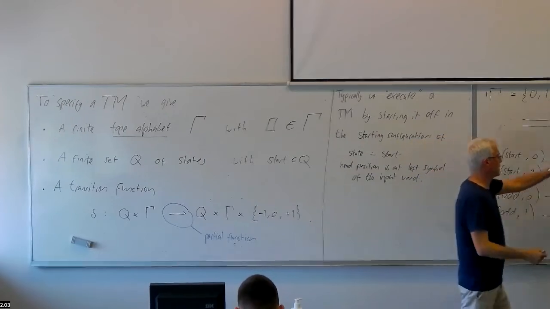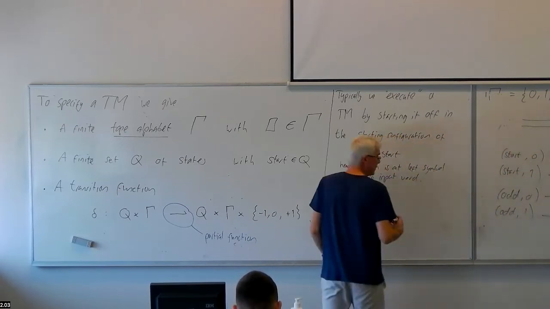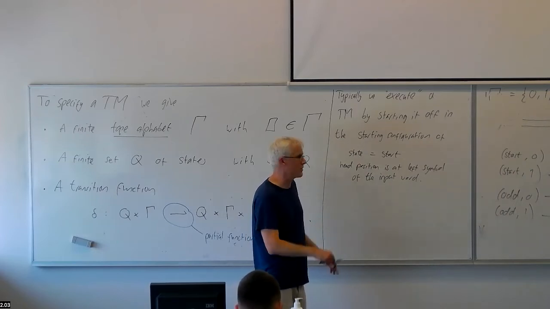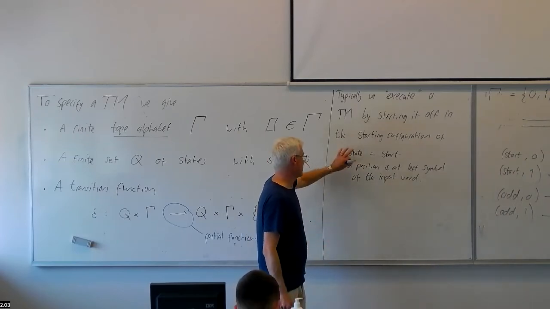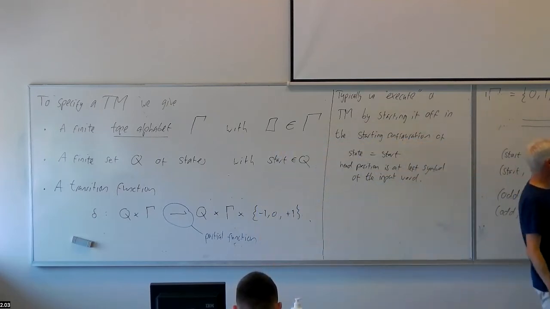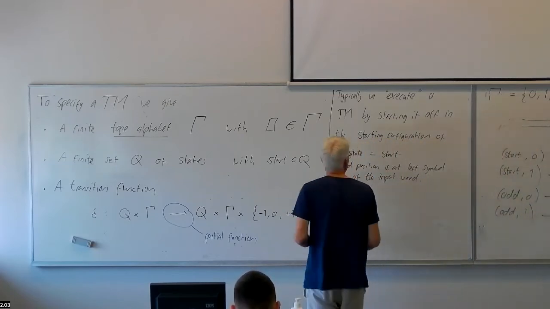I'm thinking of the non-blank symbols being a word somewhere on the tape, and the tape head will be at the left symbol of that. We're allowed to have an empty input word, and if the input word is empty, it doesn't actually matter where the head is. So that's a special case. But the typical case is we start in the start state, and the head is pointing at the left symbol of the word on the tape.